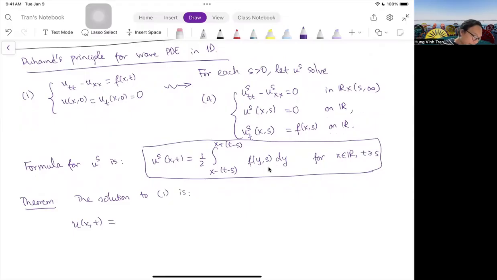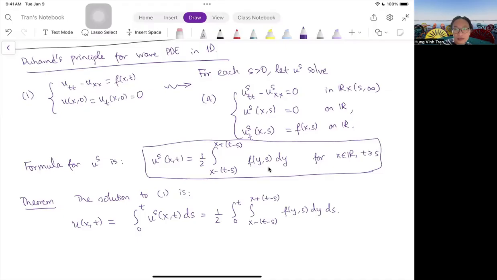So u(x,t) is the integral from 0 to t of u^s(x,t) ds. So we are summing up all the contributions, right? And if you write out the formula, we have an explicit formula: 1/2 times the integral from 0 to t of the integral from x minus (t minus s) to x plus (t minus s) of f(y,s) dy ds. Okay, you have this explicit formula.